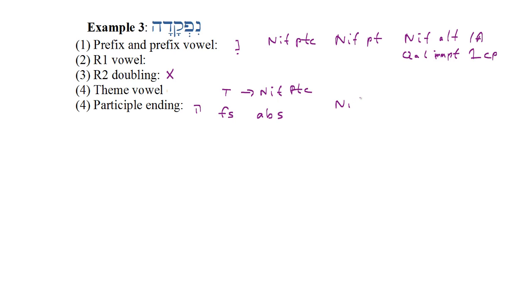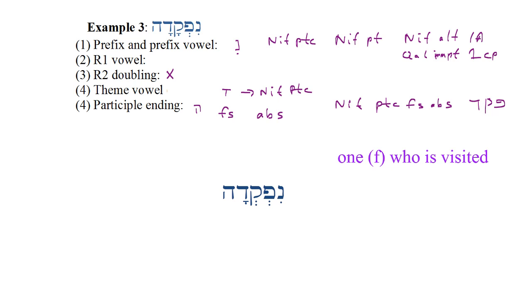So we're going to have a Niphal participle, feminine singular absolute of paqad, and this will be one, feminine, who is visited. Note that if our vowels were just a little different, with a vocal schwa as a theme vowel, we would have nifqada, which is a Qal cohortative first common plural. This is why it's very important to look at the theme vowel, because a Niphal participle will always have a qamets as a theme vowel.